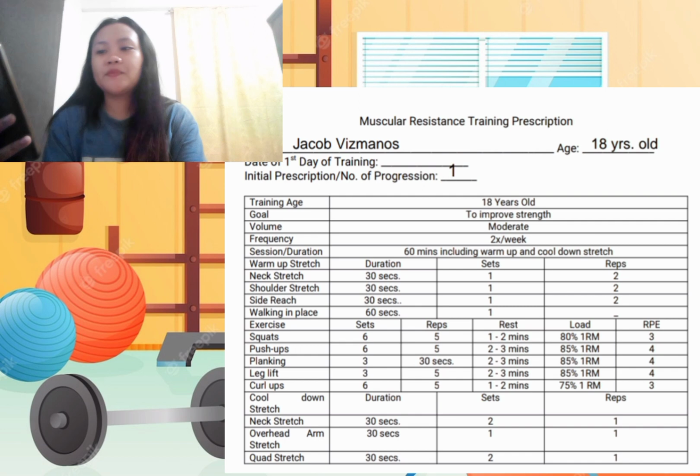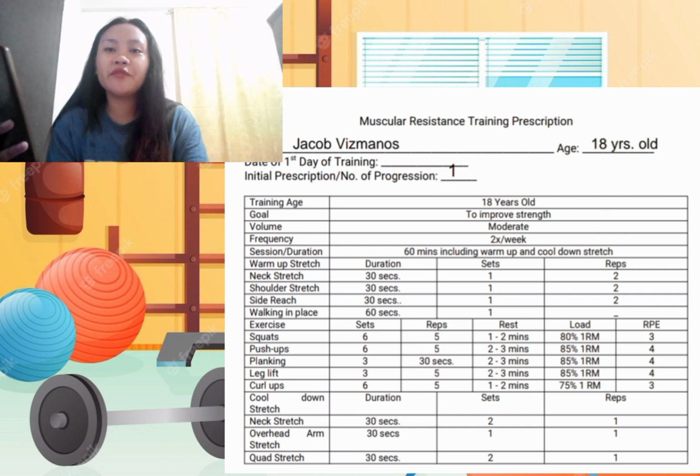For the warm-up stretch, we have 3 different classifications: the duration, sets, and repetitions. I prepared 4 different warm-up exercises. The first is neck stretch.